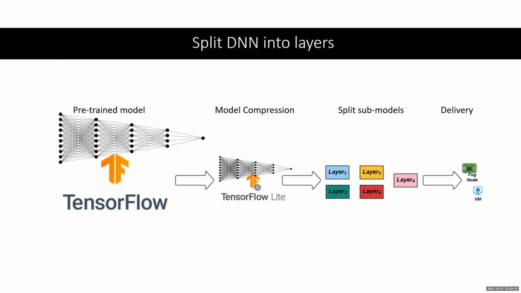Currently, we only use TensorFlow because the tools will compress it with TensorFlow Lite. Then it will divide each layer and pack them into Python functions. Then they are sent to the computational resources.